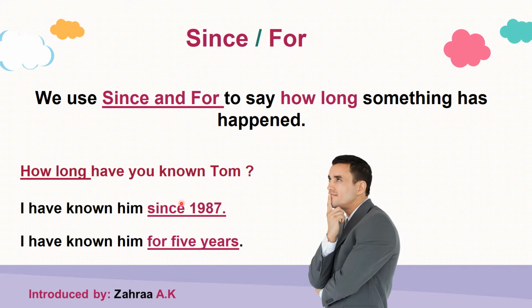So after since there is a specific time, and after for there is not a specific time, just an amount. We use how long, كم المدة, or how many times, which is a WH question. After a WH question, auxiliary, then subject, and after that the past participle.